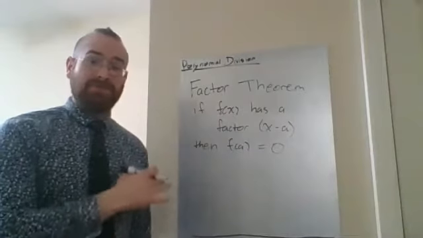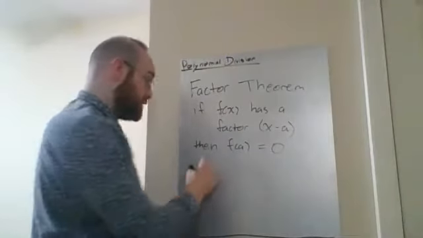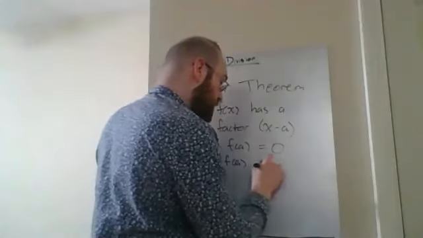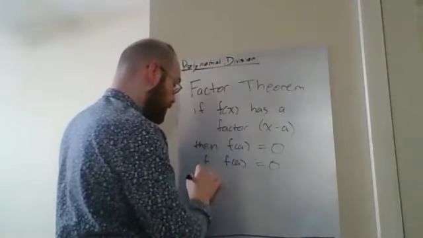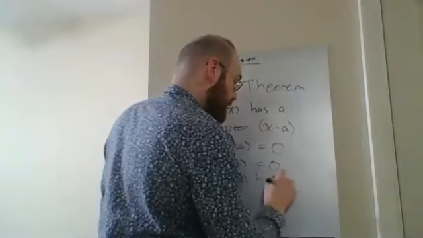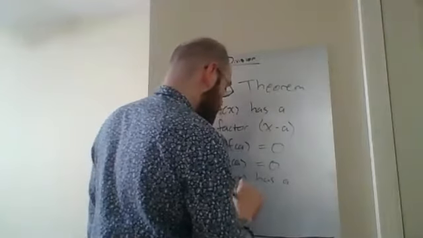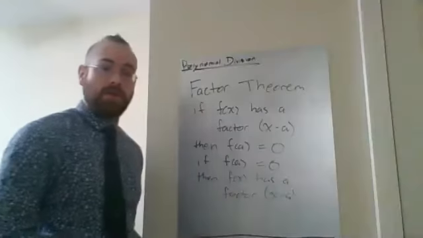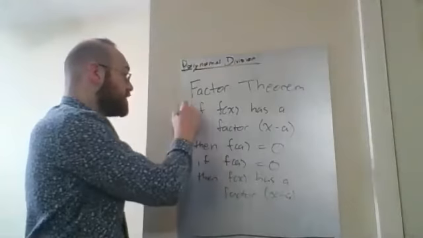But this goes a step further. It also says if f of a is equal to 0, then f of x has a factor x minus a. So it tells us two different things.